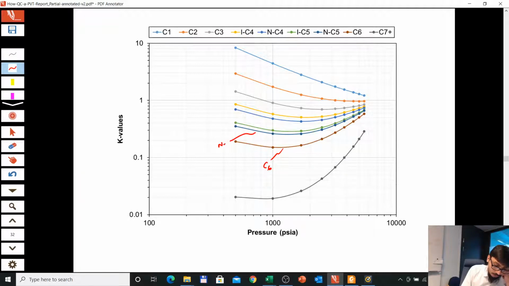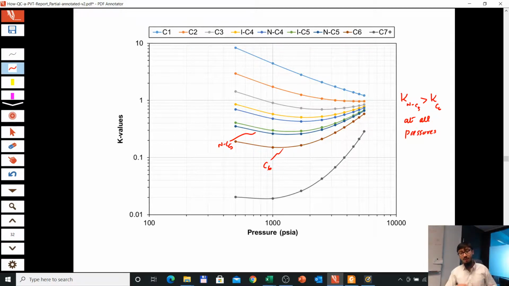So what we would like to see is that the K value of, for example, the NC5 component should always be higher than the K value of the C6 component at all pressures. Okay, so it means that they should not cross. That's what we mean by K value crossing. So we see if there are any crossing K values between any two components.